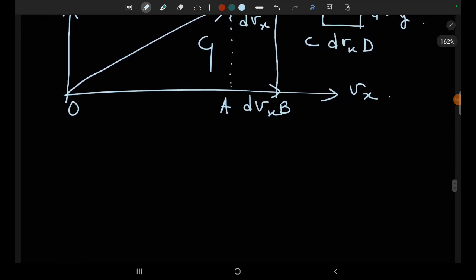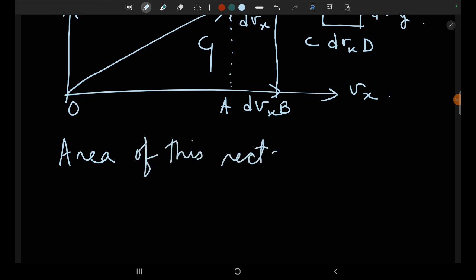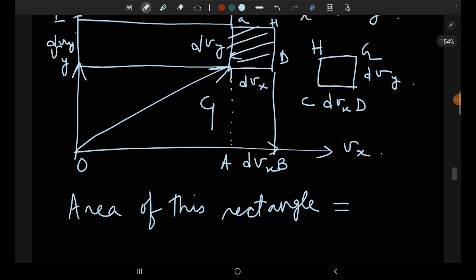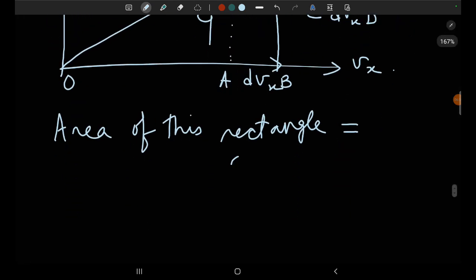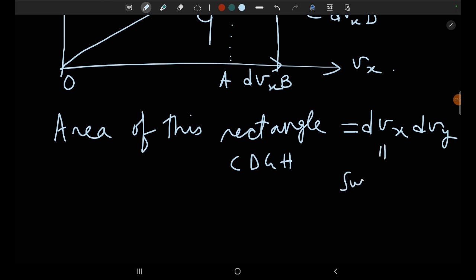Clearly, the area of this rectangle CDGH is equal to dVx into dVy, and this is called the area element.